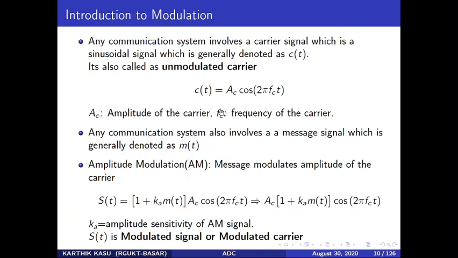The amplitude of the carrier before modulation is not a time varying function, it is a constant Ac. So amplitude modulation means varying the amplitude of the carrier according to the message signal. Here the amplitude of the signal s of t is changing according to the message signal m of t. It is no more a constant.